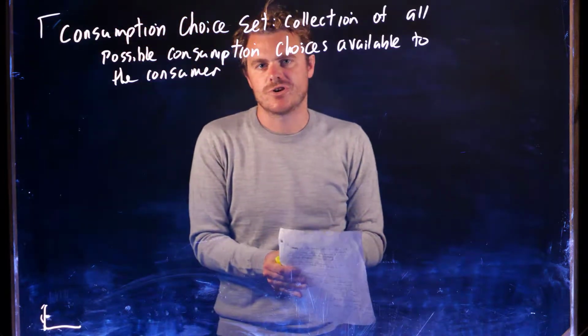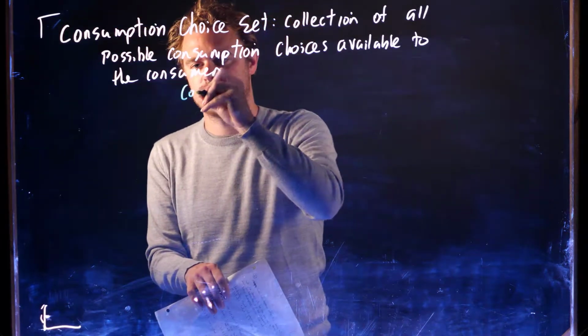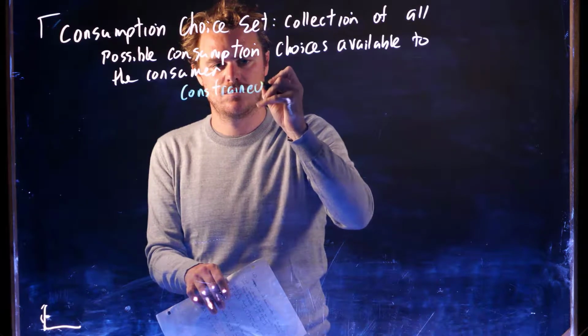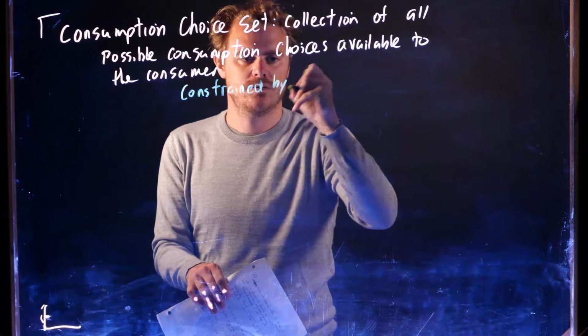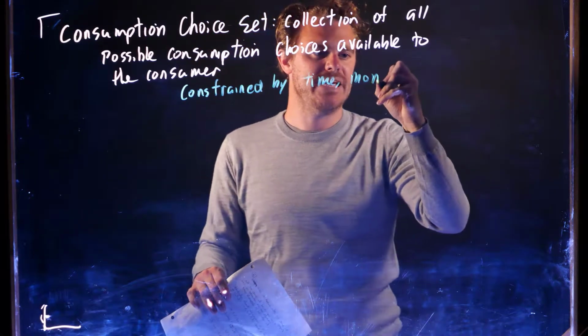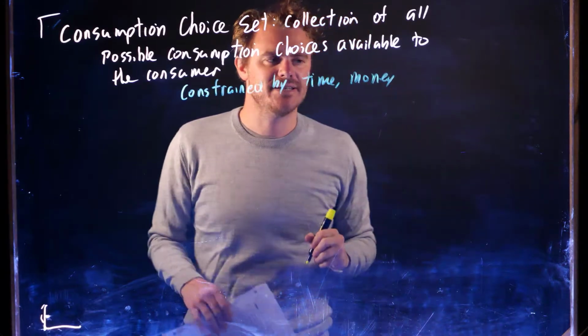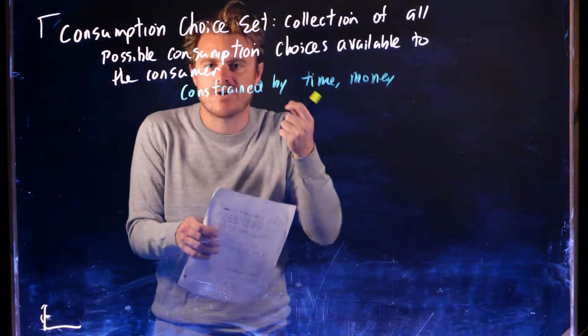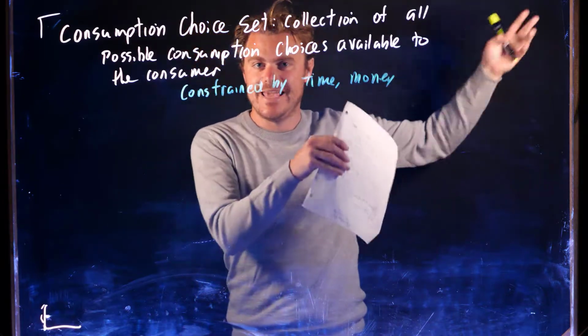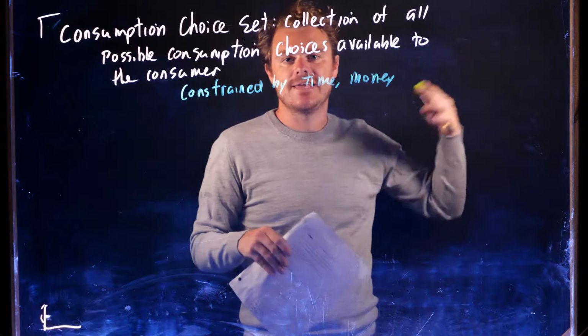And so it's constrained by resources. By time, money, or income, which is maybe what we'll concentrate on a lot, but there's some kind of constraint on their choices. They can't have an infinite amount of any good they want.